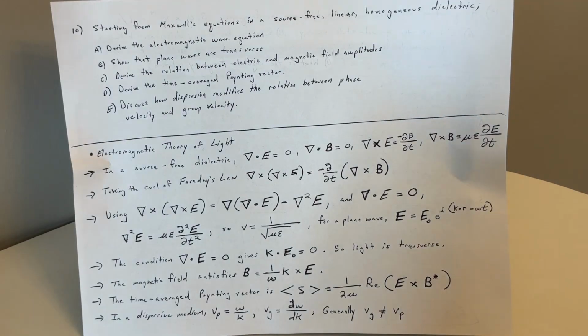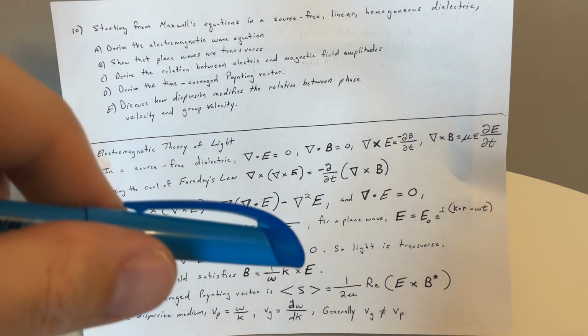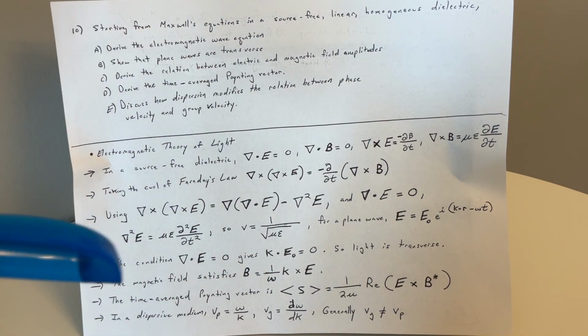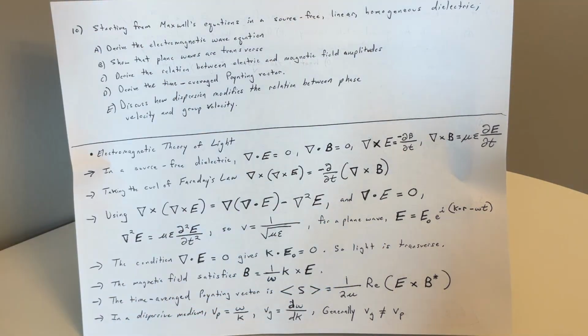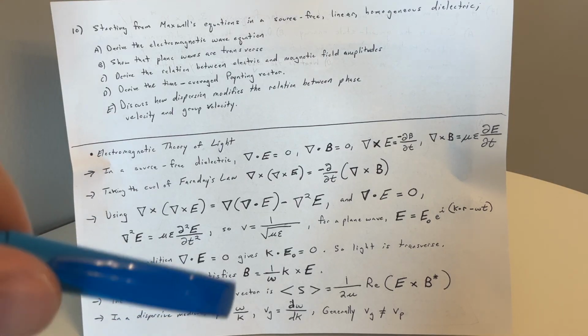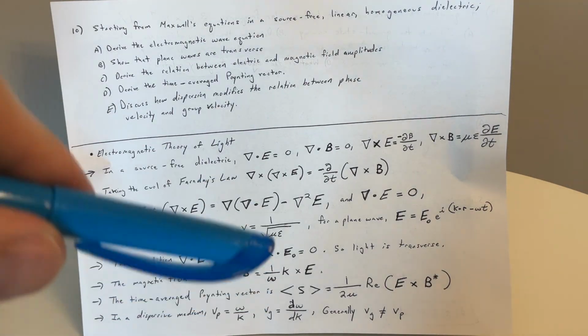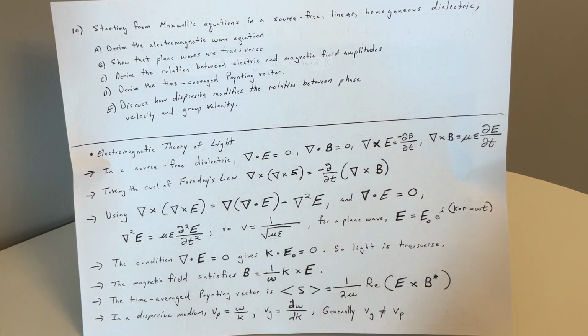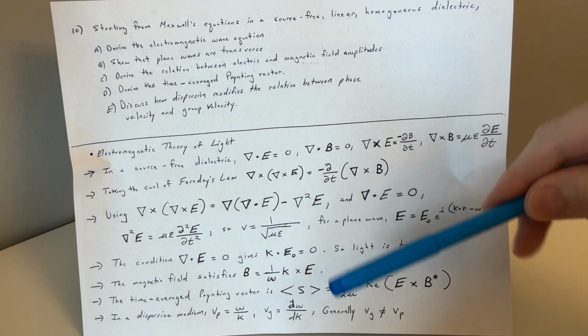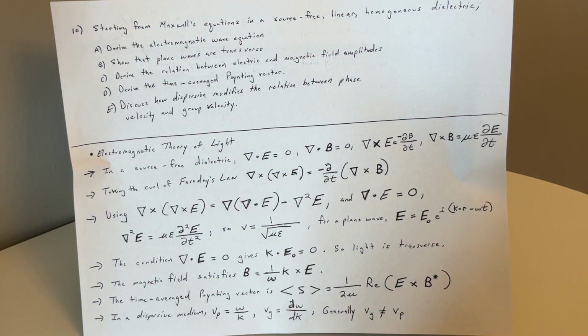The magnetic field satisfies B equals 1 over omega, k cross E. The time average Poynting vector equals 1 over 2 mu, real part of E cross B star. In a dispersive medium, v sub p equals omega over k, v sub g equals d omega dk. So generally v sub g cannot equal v sub p.